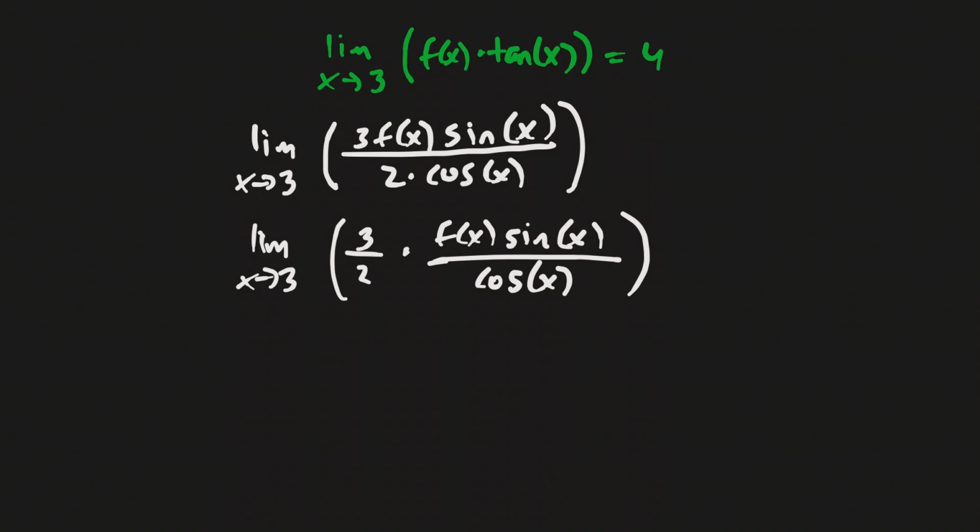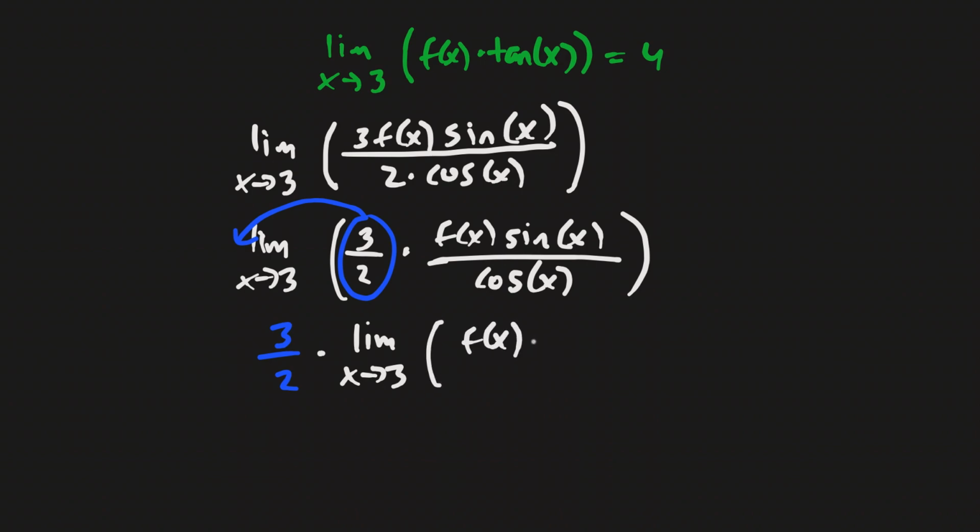So I can now take this and move it out. So this is going to be equal to 3 by 2 times the limit as x approaches 3 of f of x times sine x over cosine x.